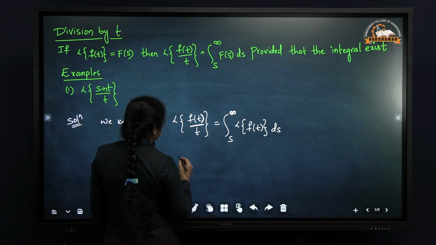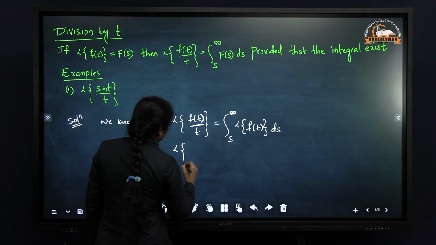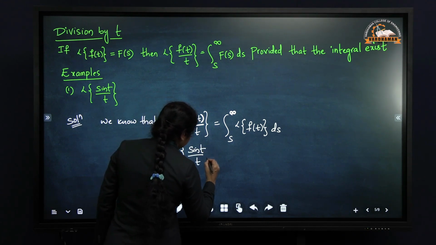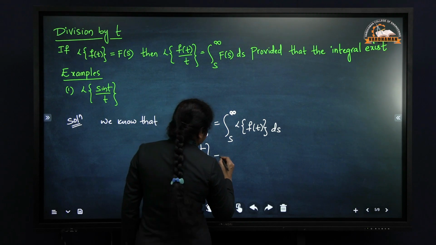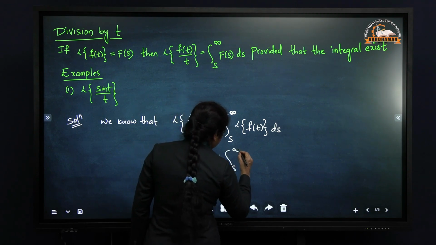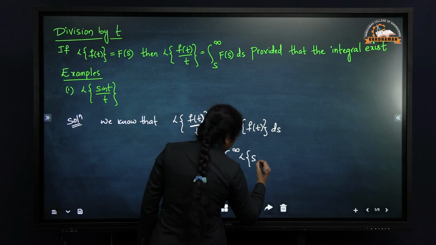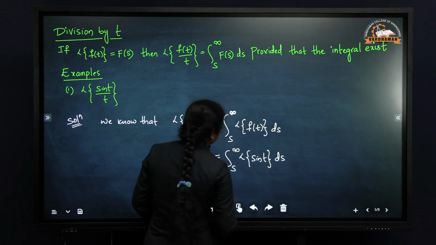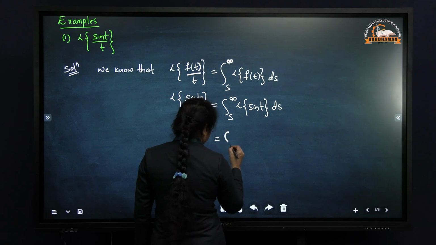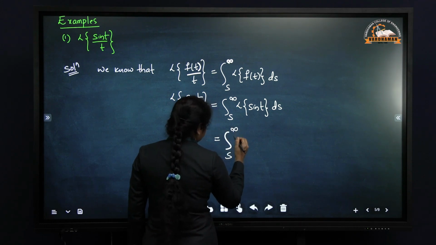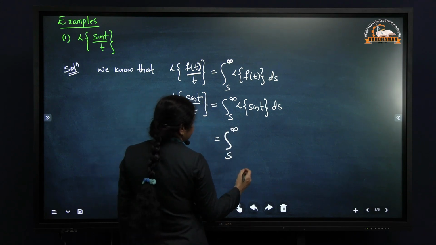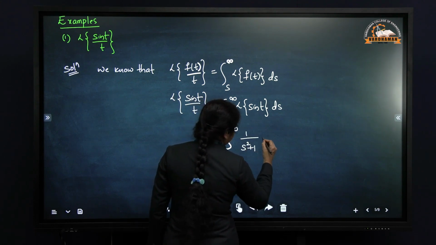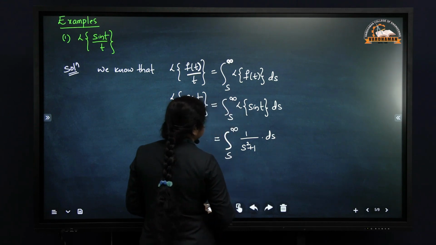So applying division by t, we can write L of sin t by t equals the integration from s to infinity of L of sin t ds. The Laplace transform of sin t is 1 by s square plus 1, ds.